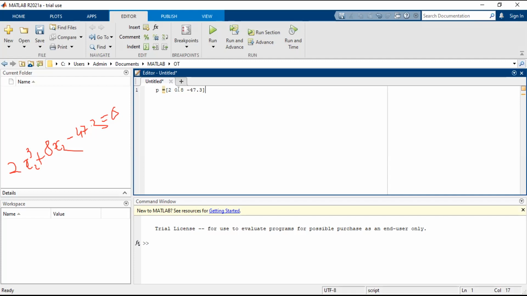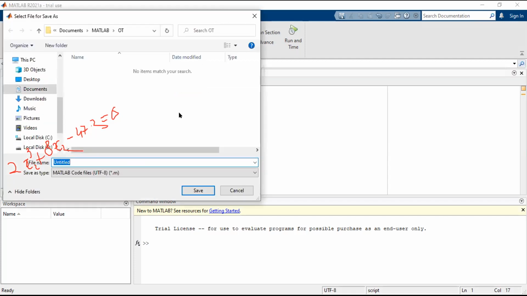Okay. So now if I run this, let's see what we will get. You can give any name. Since you have already saved that, you can just continue in that one.